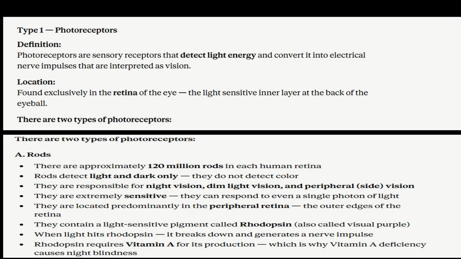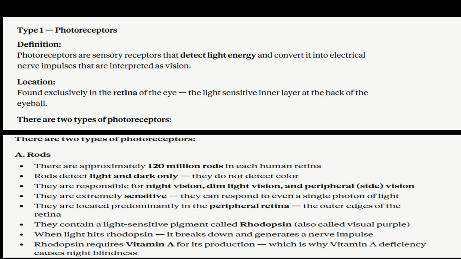Next, they contain a light sensitive pigment called rhodopsin. It is very important that you know what rhodopsin is, because the interviewer or examiner can ask you this. It's nothing but a light sensitive pigment called rhodopsin. It is also called visual purple.